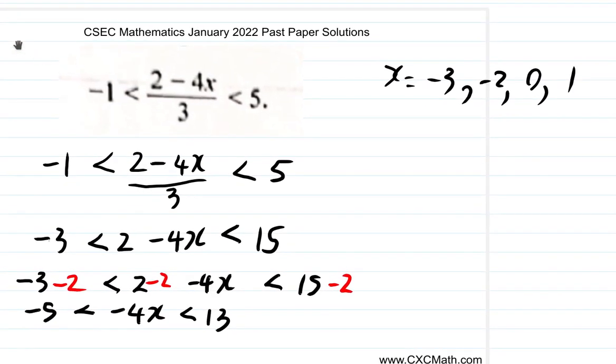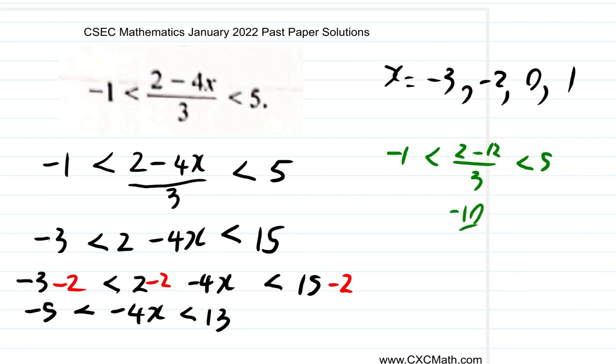it would show that negative 1 is less than 2 minus 4 times 3 is 12, 2 minus 12 over 3, and is less than 5. Is this really true? 2 minus 12 is negative 10.